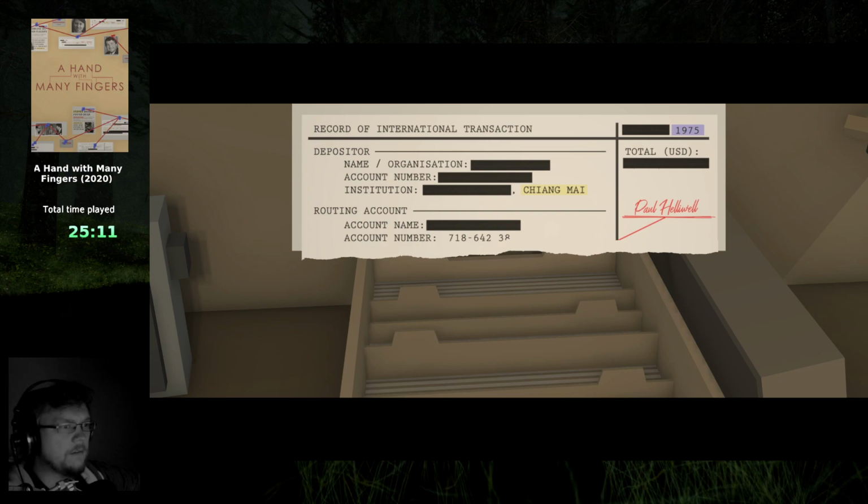Sent by somebody in Chiang Mai. Presumably, maybe the bank. Very, very redacted.